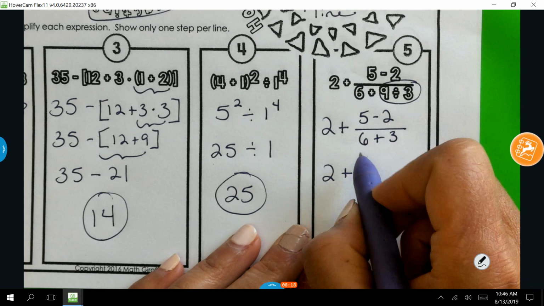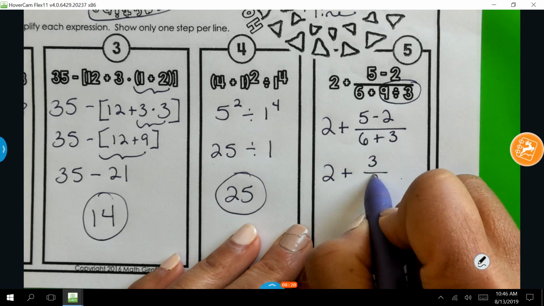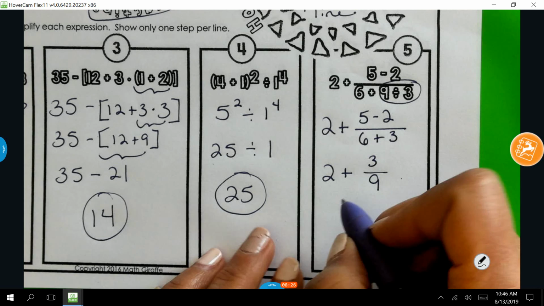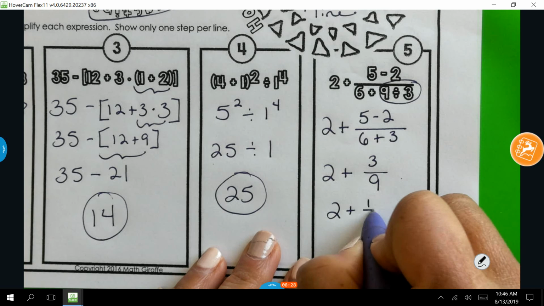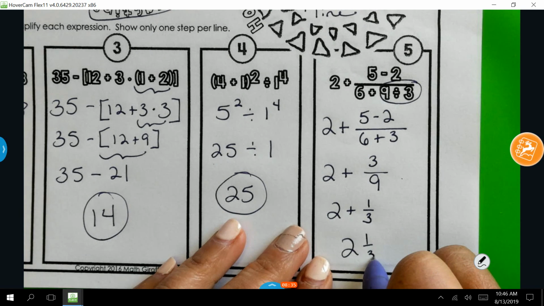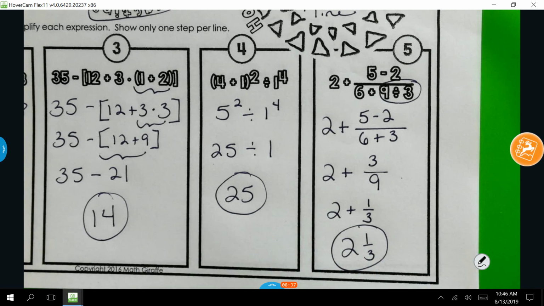So 5 minus 2 is 3. 6 plus 3 is 9. I'm going to simplify that now just because I don't want to wait to the end. So I have 2 plus, let's see, 1/3. And our final answer is 2 1/3. Any questions? Pretty straightforward. I think you're pretty used to this.